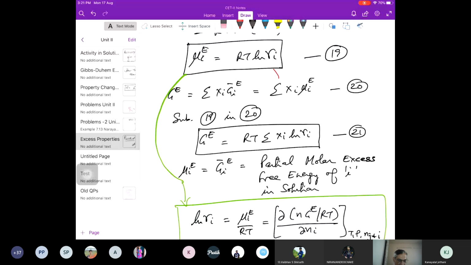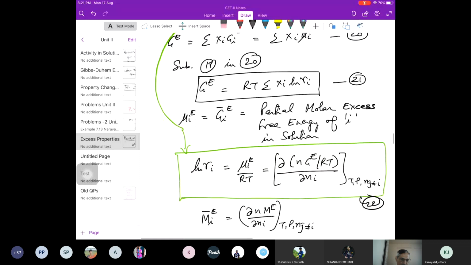And what is mu I E? It's nothing but the partial molar excess free energy. So it is del of N G E by RT, by del N i, at constant temperature, pressure, and Nj, where j is not equal to i.